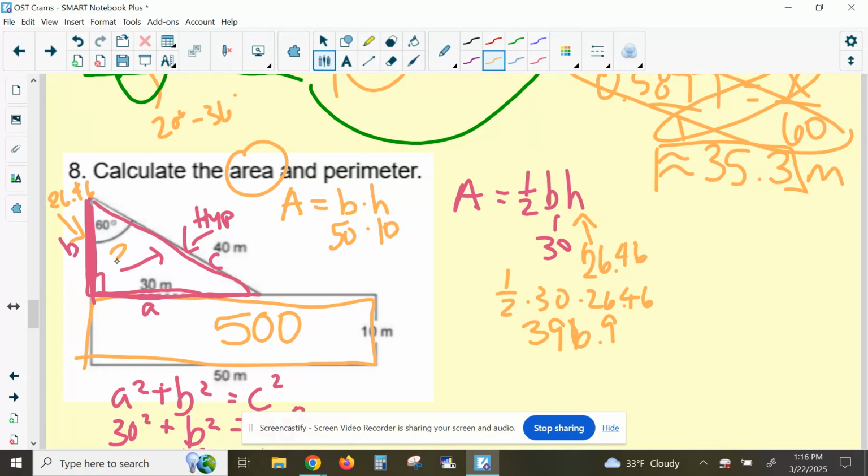So this part is 396.9. So I got to add these two together. So if I add that one plus 500, I'm going to get the area of the whole thing. So add those together. And what do you get?